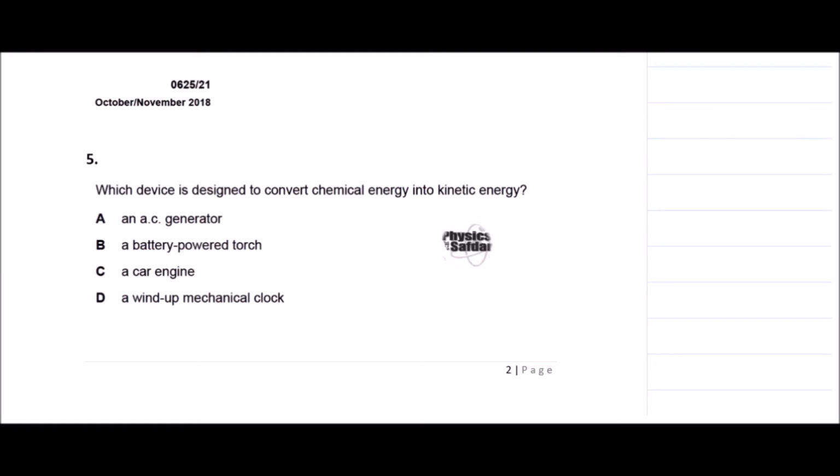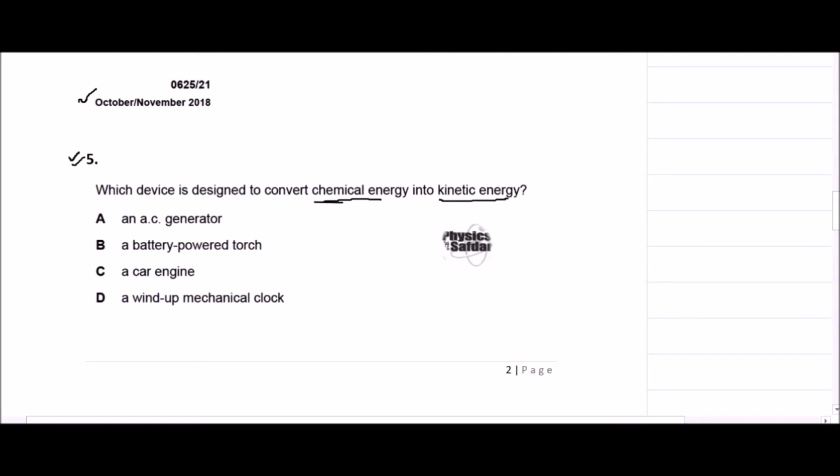This question is taken from the October-November 2018 series. The question is, which device is designed to convert chemical energy into kinetic energy? In the options, you have 4 devices. In the question, you need to check conversion of chemical into kinetic energy.